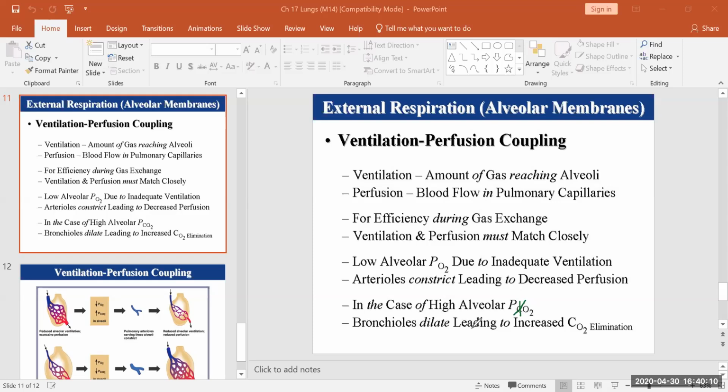So more blood will flow into the capillary bed. Oxygen will move from the alveolar space into the blood capillary, and CO2 will leave the blood capillary to go into the alveolar space for disposal.